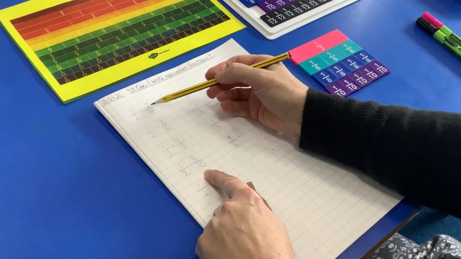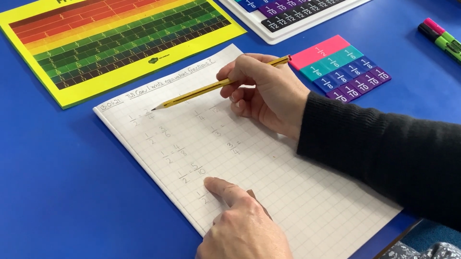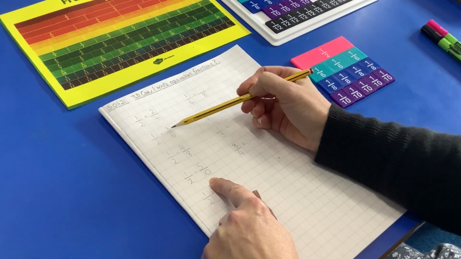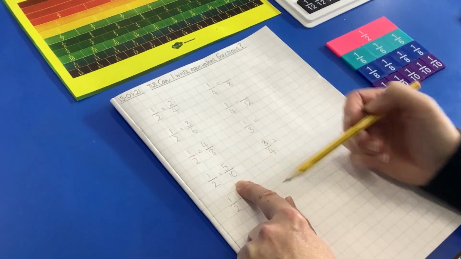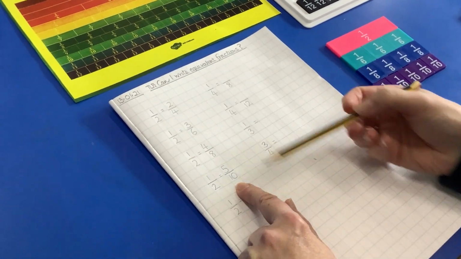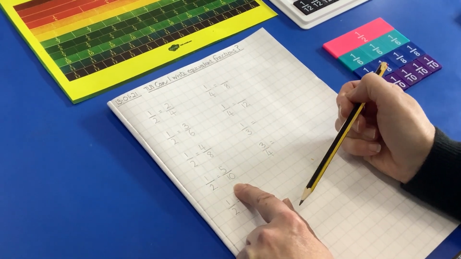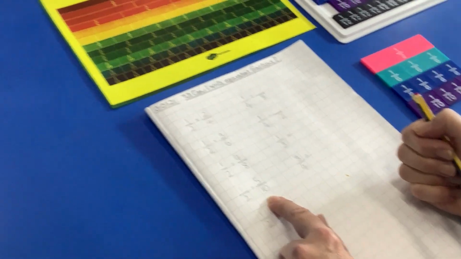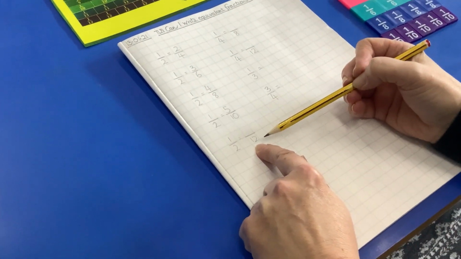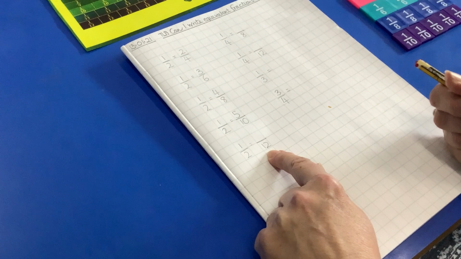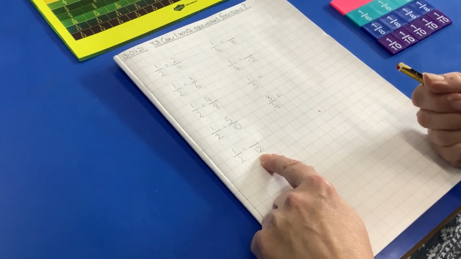You might see a little sort of pattern here. Half is 2/4, 3/6, 4/8, 5/10. I wonder if you can notice a relationship between the numerator and the denominator. If you can notice anything, you could probably, even without looking, work out how many 12ths it's going to be.